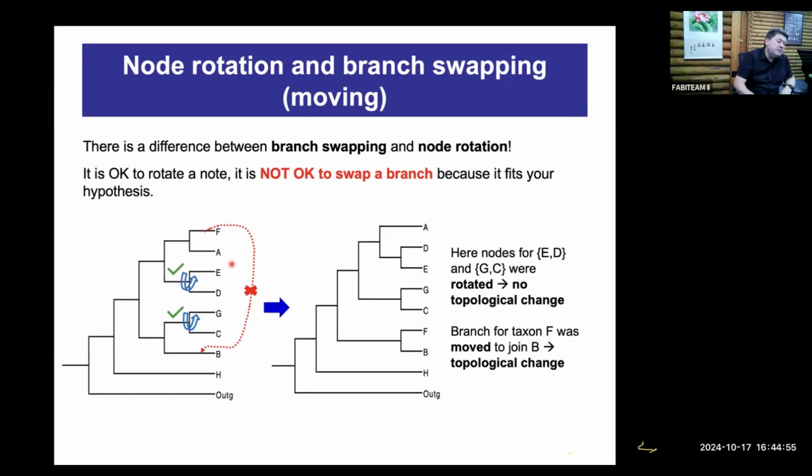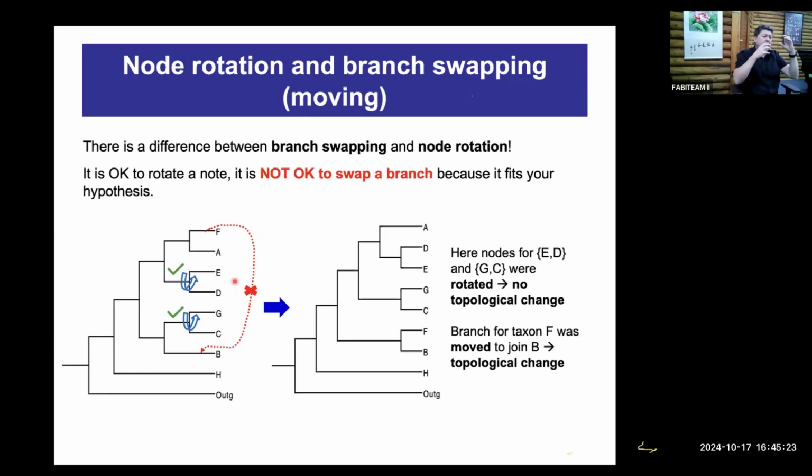So again, my point is just, you're not allowed to move branches because it doesn't fit your hypothesis, but you can rotate your nodes. The reason why you would rotate your nodes is because sometimes you have a tree from one gene and a tree from another gene, and you want to compare how these gene phylogenies compare with each other. So you can rotate a node so it matches the order of the one tree.